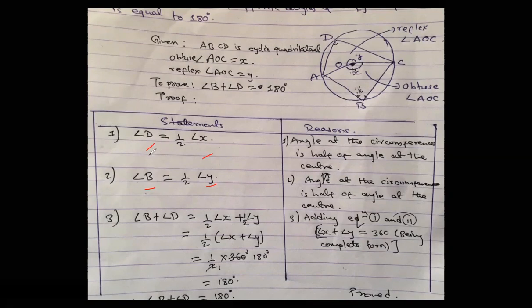So angle b plus angle d equals half x plus half y. So half and half we can take as common, so angle x and angle y, right. So half common लेपछि x र y बाँकी रह्यो, so x plus y, that means complete turn. अघि भर्खर भने जस्तै complete turn is equal to 360 degrees, okay. So x र y means it is a complete turn and they are equal to 360 degrees. So 2 and 360 will be cancelled for the 180 degrees, okay.